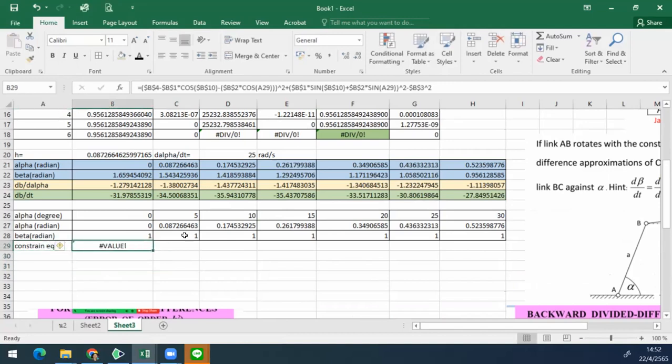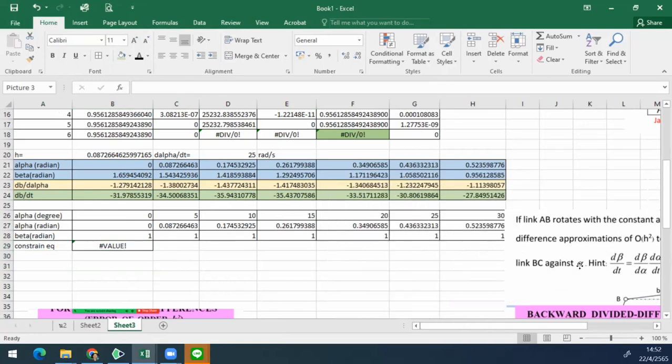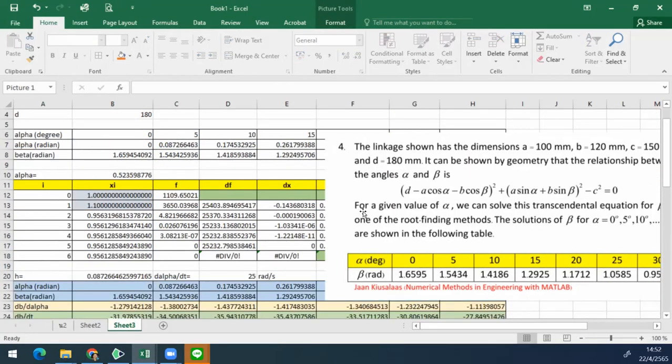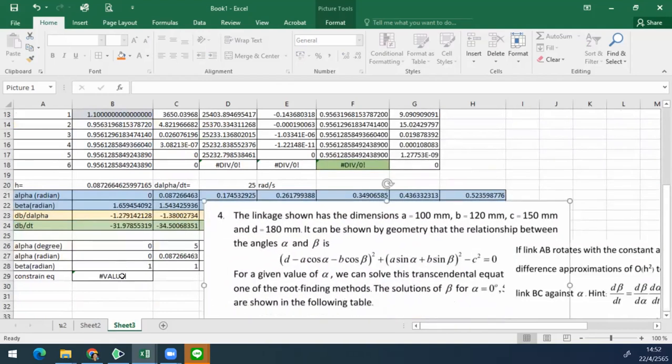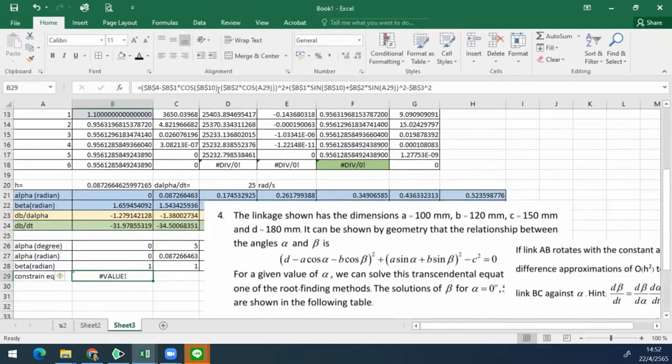I just change alpha, right? Cosine alpha is over here, and cosine beta is over here.